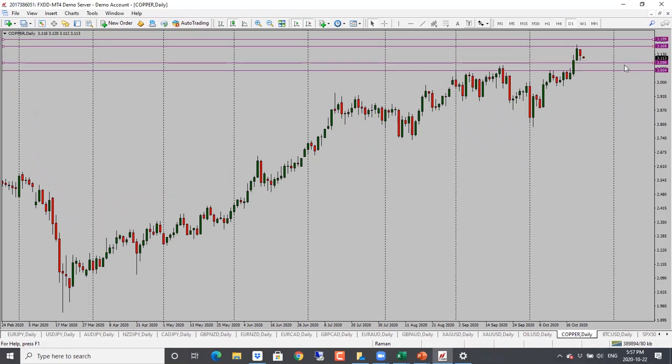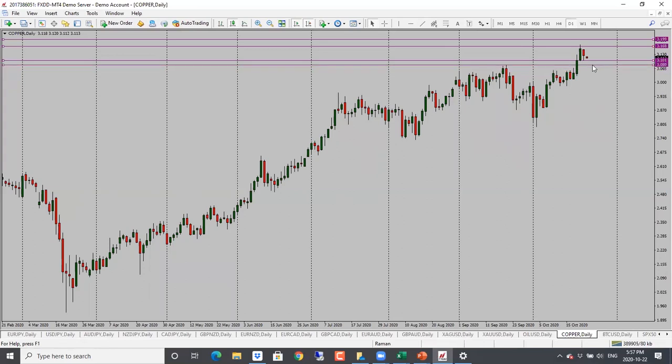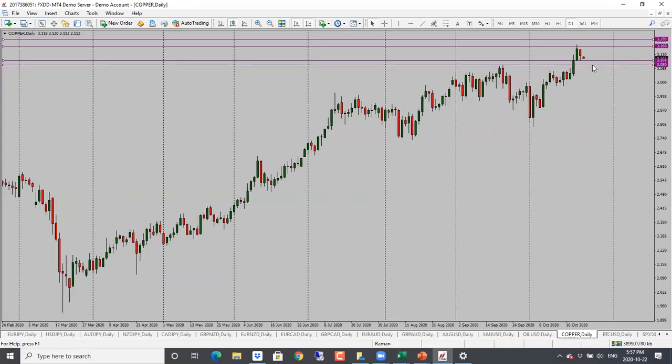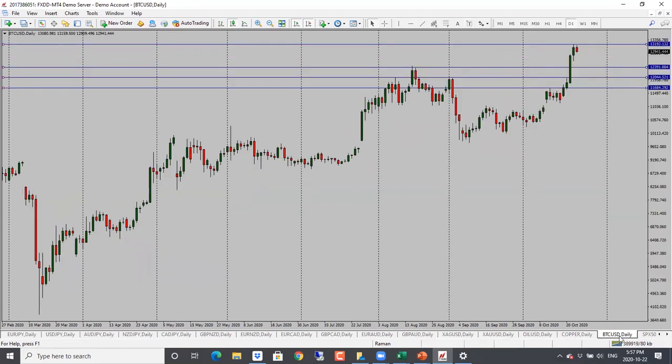So looking for a move lower here. Now, watch out for the support level here because it could turn around. But once it goes through, next target here is 3.08 and then 3.05. So bias here is bearish for copper.